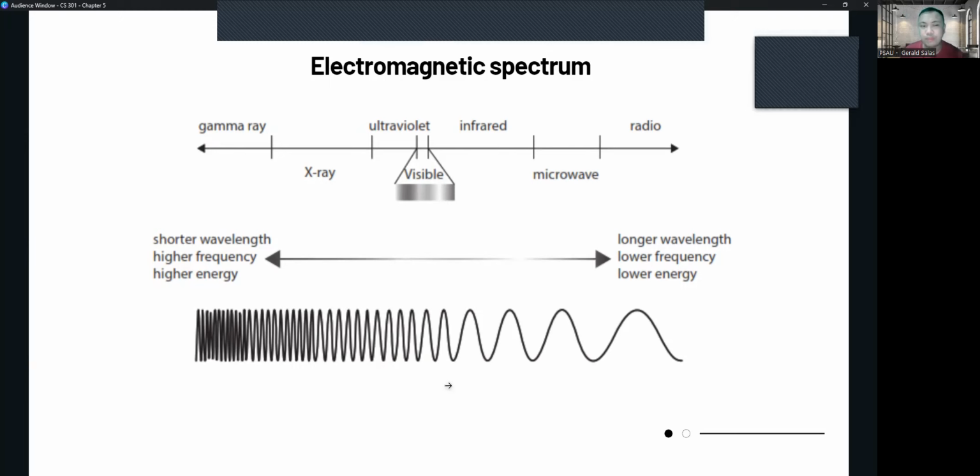Examples of those short wavelength, higher frequency, and higher energy, we have the gamma ray, the X-ray. In the middle, we have the ultraviolet ray. Dun sa dulo, another example of those longer wavelength, lower frequency, and lower energy, the microwave, infrared, and radio.